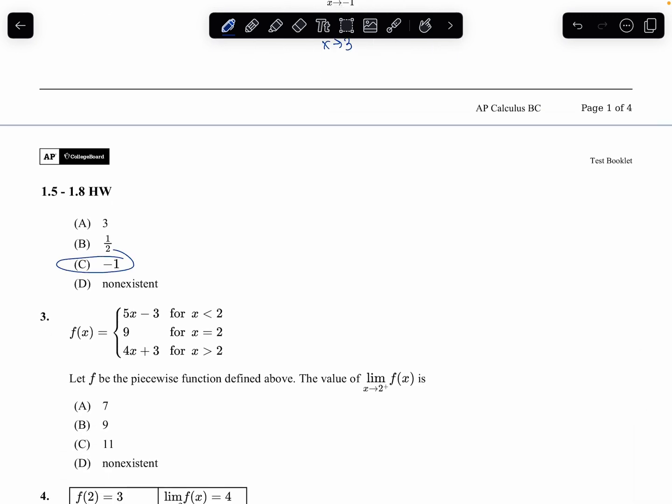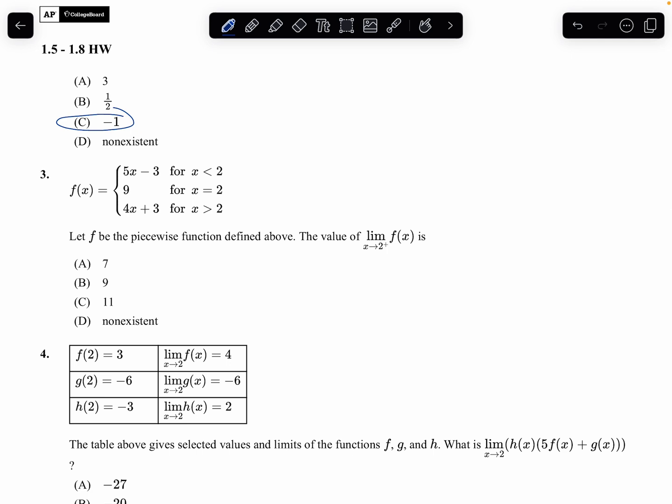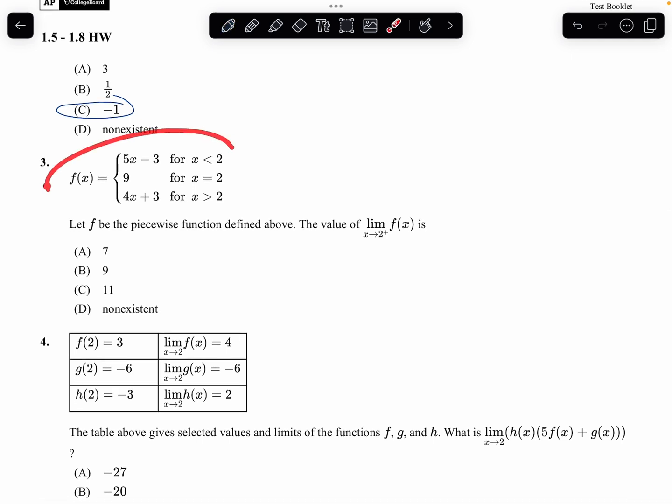Okay, moving on to 3. So we have a system of equations, we have a piecewise function. So let f be a piecewise function as defined. The value of the limit as x approaches 2 from the right of f of x is. So imagine we had all 3 of these pieces right here.